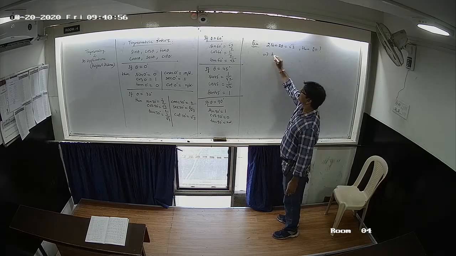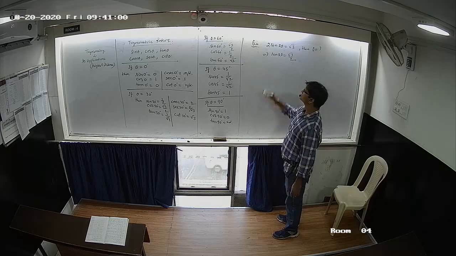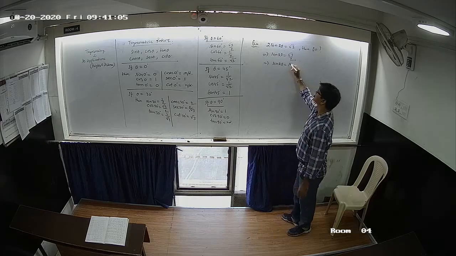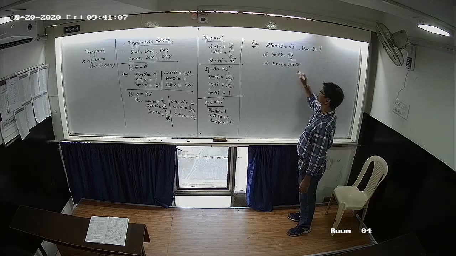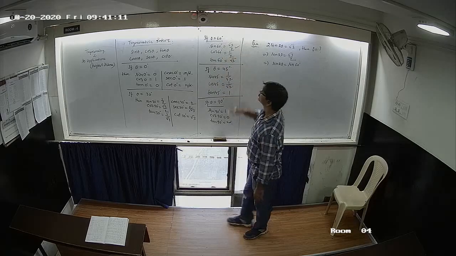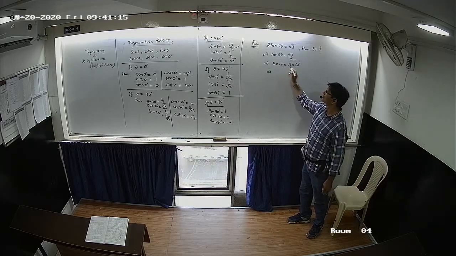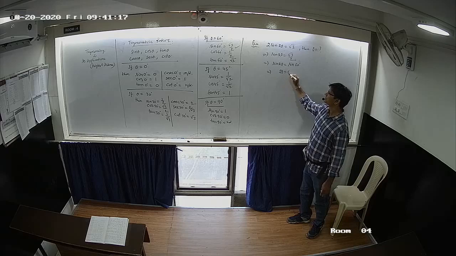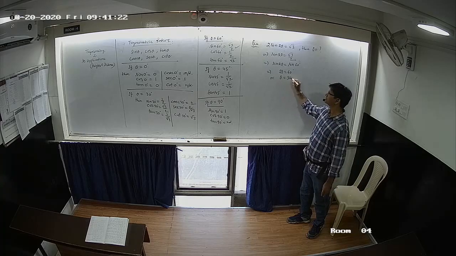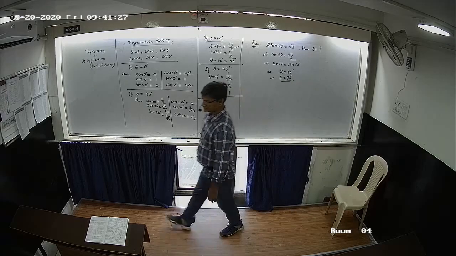From this, we get sin 2 theta is equal to root 3 by 2. So that implies sin 2 theta is equal to sin 60 degree, because sin 60 degree is equal to root 3 by 2. So that implies 2 theta is equal to 60 degree or theta is equal to 30. So we get theta is equal to 30 degree.